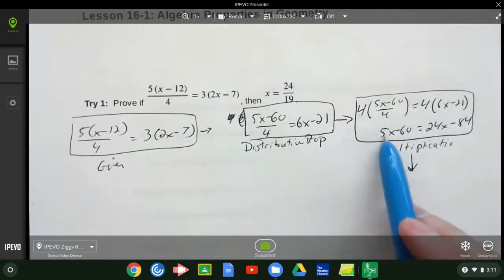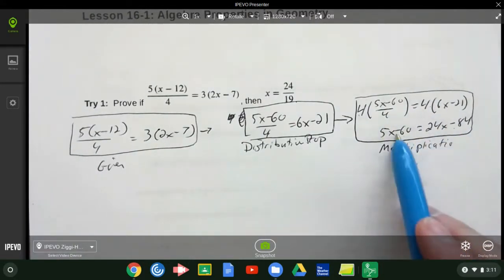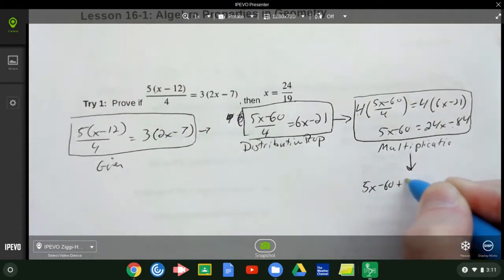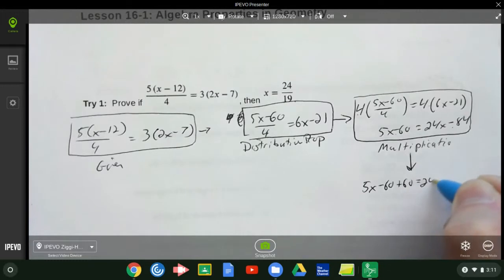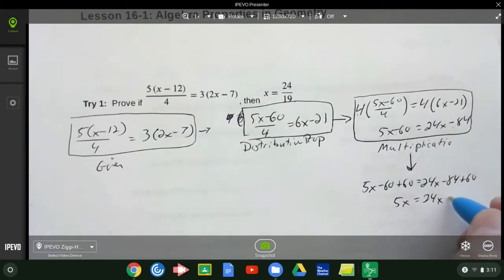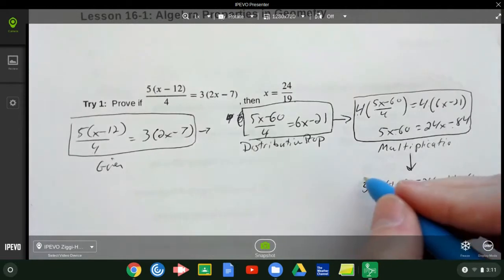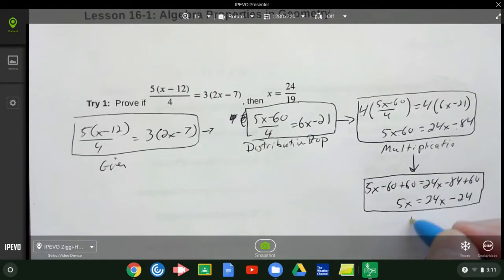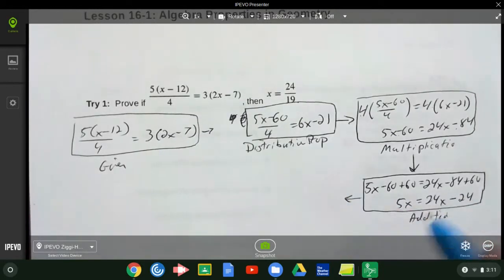I'm going to take that, and now I'm going to add 60 to both sides. You may have added something else. You may have gone about a different route for this, but this is how I'm going to do it. There's more than one way to solve these. You just have to make sure that you're doing it logically and backing up everything you do. So let's see. I added 60, so that's addition. Let's go in this direction now.